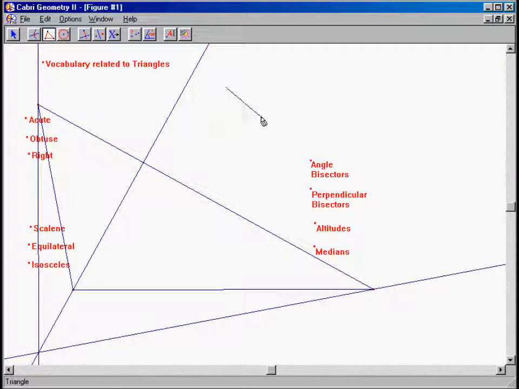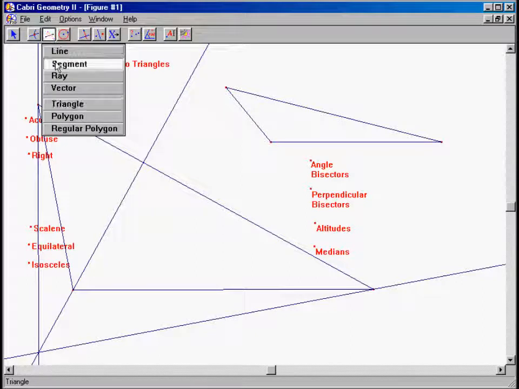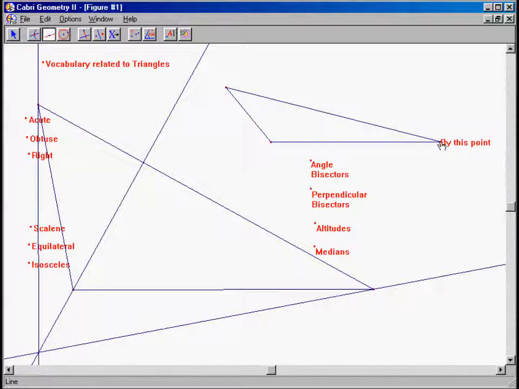If you're asked to find the area of an obtuse triangle and it's sitting politely on one of its shorter sides, the altitude to this side would have to be outside the triangle. Let's draw a line that goes by that point to that point and goes on forever.